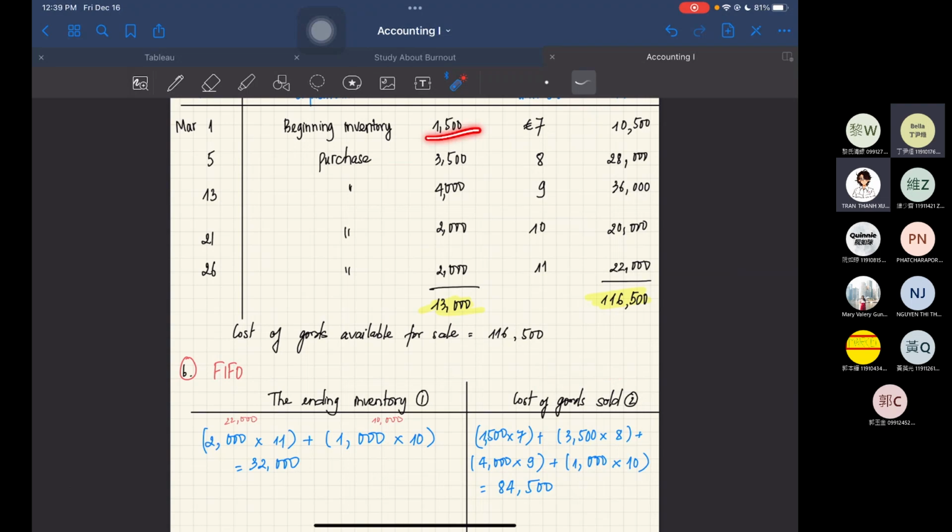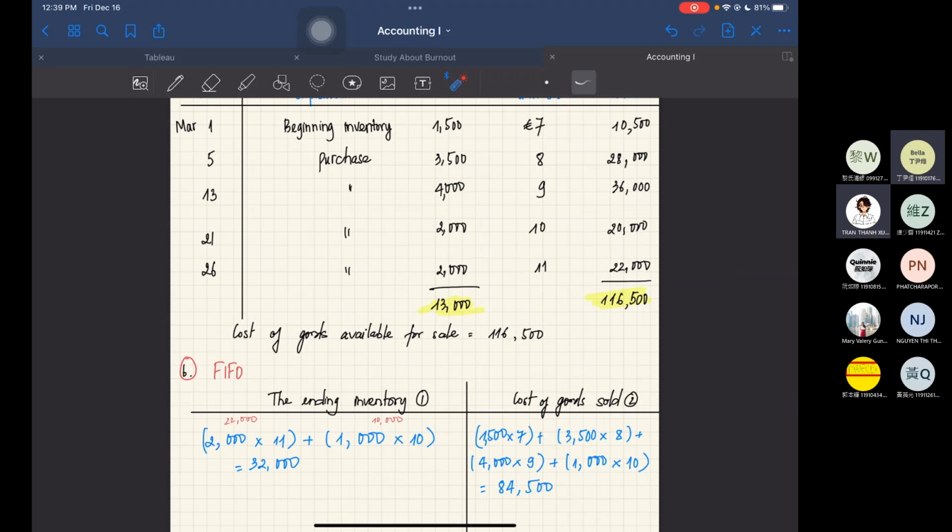So here 1,500 plus 3,500 is 5,000. Here 4,000, which means the total is 9,000. We're still missing 1,000 items, so I'm taking 1,000 from here because this is first in, first out.